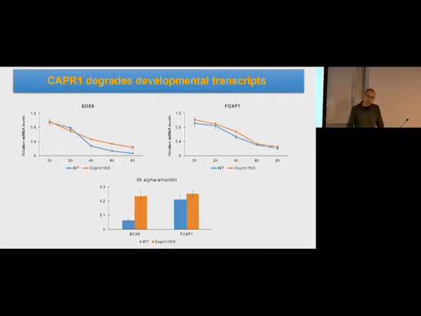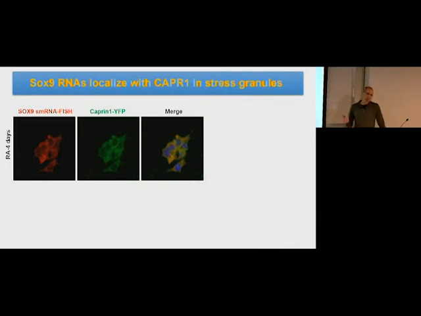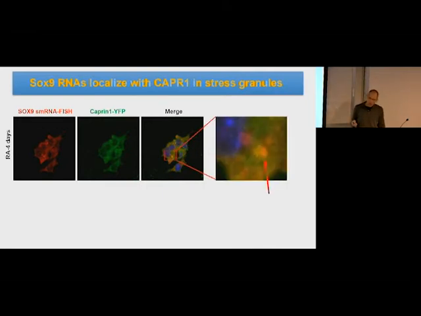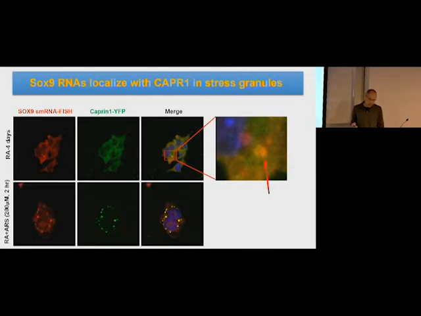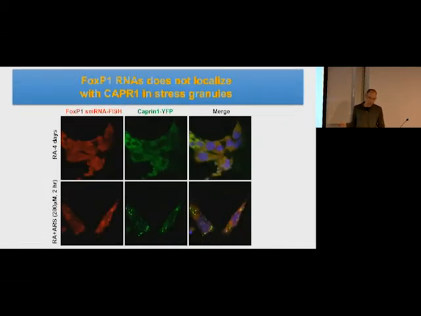Sorry, before that, we wanted to see whether SOX9 RNA is really localized with caprin-1 protein. So we did single molecule RNA FISH, and actually it was very hard to see the colocalization. So we repeated this under stress conditions, and indeed this was the case. And this was not the case for, again, FOXP1.